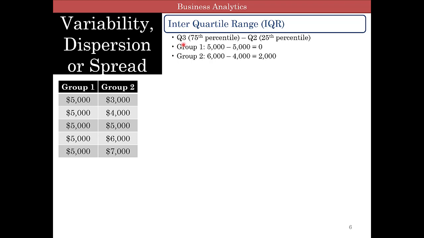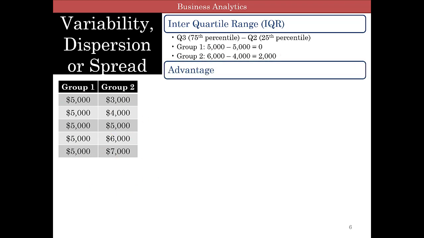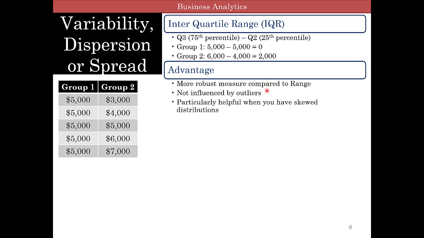So for the interquartile range, you normally use Q3, or the 75th percentile, and Q1, which is the 25th percentile, and you subtract the two. That contains about 50% of the data. 75 minus 25, that's about 50. And you'll see that for Group 1, it's still 0 because all the data points are the same. And in Group 2, it's about 2,000.